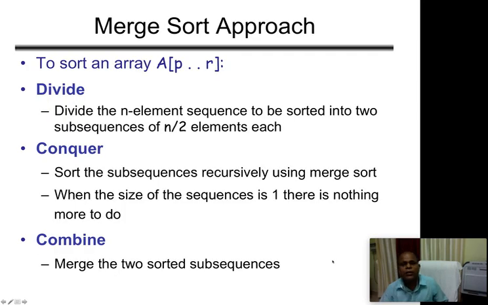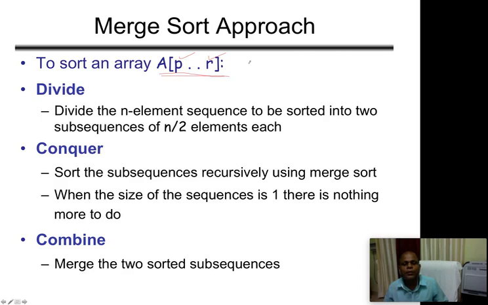Hence, now let us consider merge sort. As we have already said, merge sort is a sorting algorithm, and suppose an array is given whose initial index is p and whose last index is r, and we want to sort it.